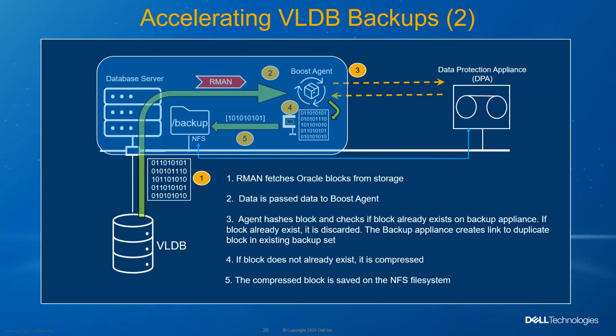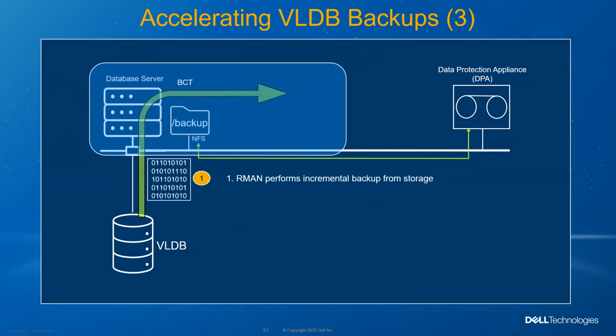So you can further enhance the performance of very large database backups by doing incremental backups. And then this NFS share comes into its own, because what you can do is, instead of doing a full backup, you obviously still have to do the first full backup, but then you can use the block change tracking file to do incremental backups.